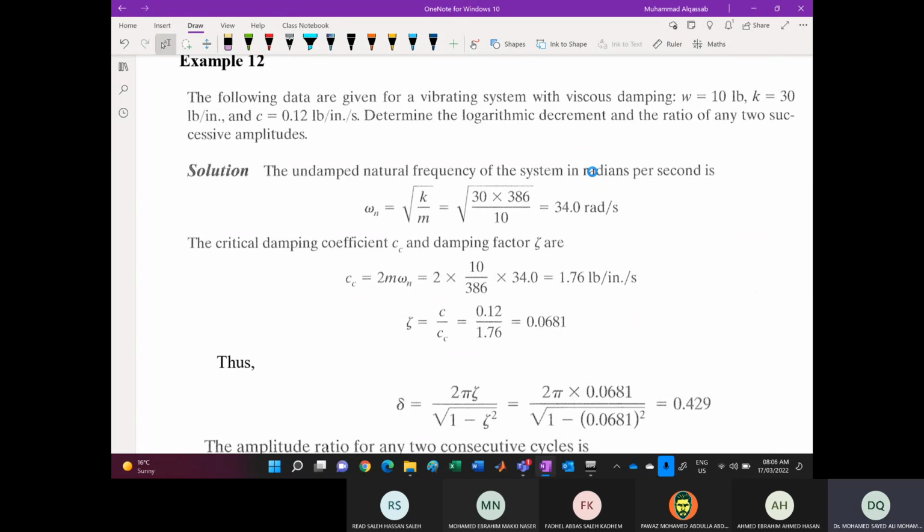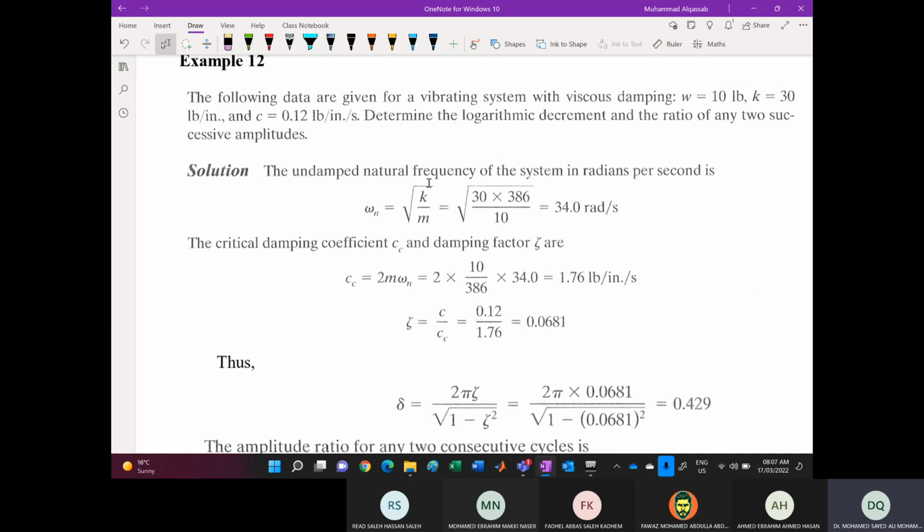So the first thing you have to find is zeta in order to proceed. Natural frequency: this is a spring-mass-damper system, so there is no need for derivation of the equation of motion to reach the expression of omega n. Omega n is directly square root of k over m.